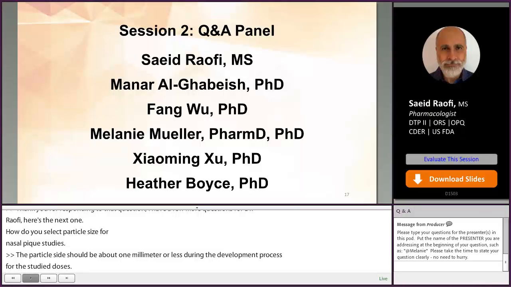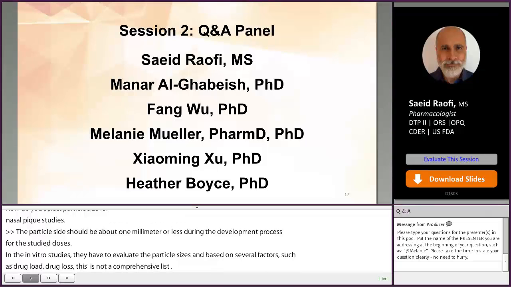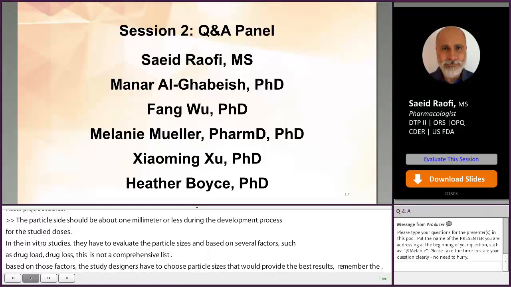This is not a comprehensive list. Based on those factors, the study designers have to choose the particle sizes that would provide the best results. Remember, the point is figuring out to what extent the product has to be manipulated in order to lose its abuse deterrence.